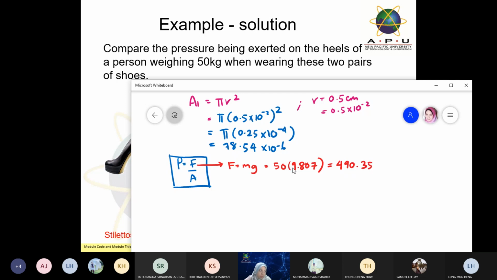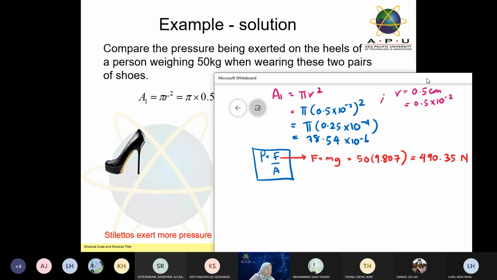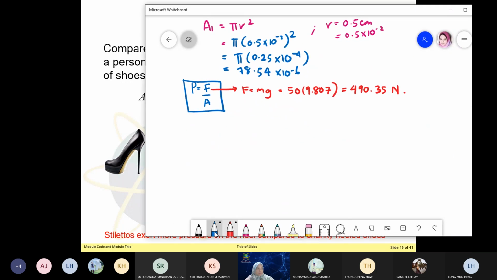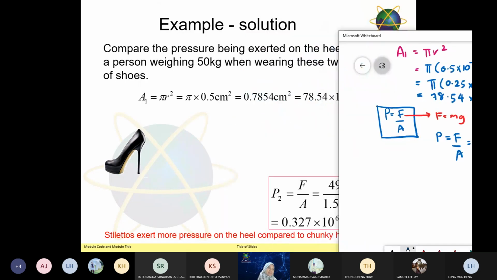F is 490.35 Newton. Then P equals F per A, so 490.35 divided by 78.54 times 10 negative 6. 10 is too big a difference.